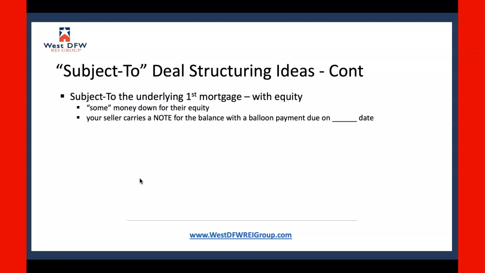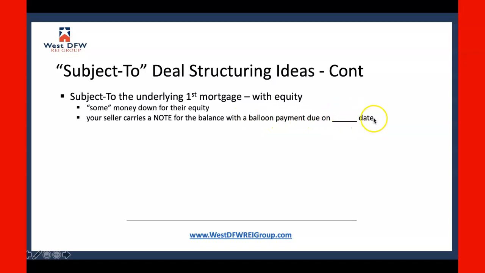So let's say you took over the first and they had $50,000 in equity, and you're going to give them 20 or 10, and they're going to carry a note for 40.